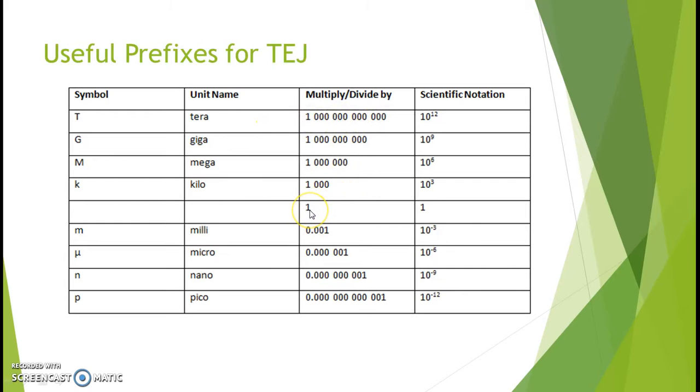If we want to go from meters to picometers, we would divide by this number, 0.000000001. In contrast, if we want to go from picometers to meters, we would multiply by this number. And if we want to go from megameters to meters, we would multiply by 1,000,000.